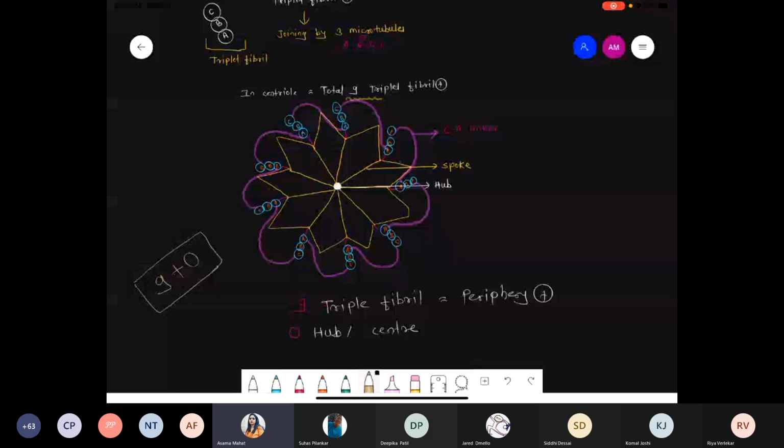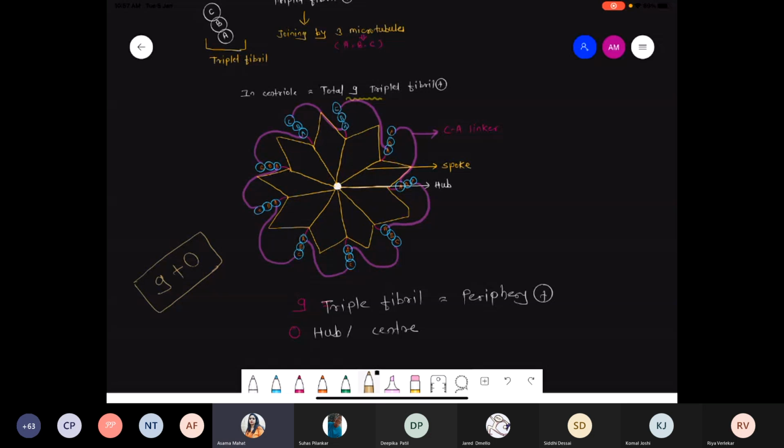Now the CA linker is present; all the microfibrils attach with each other with the help of the CA linker, because there is no boundary, no plasma membrane. That's why such linkers, such spokes, help to maintain the structure. 9 are present toward the periphery and 0 microtubules at the center. That's why this arrangement is called a 9 plus 0 arrangement. Got it?